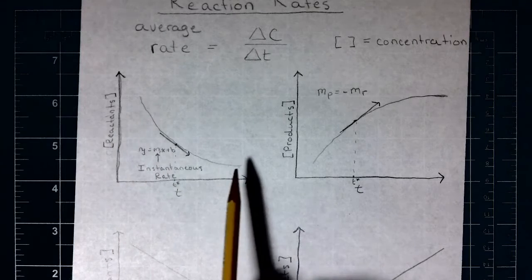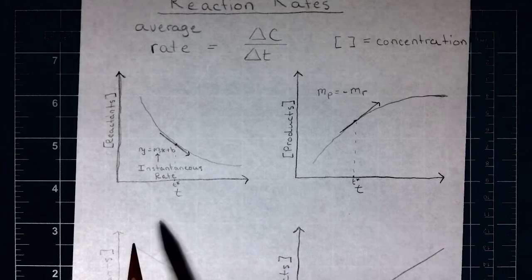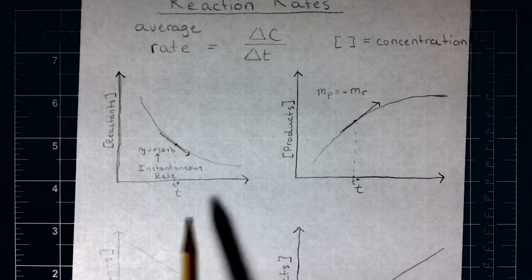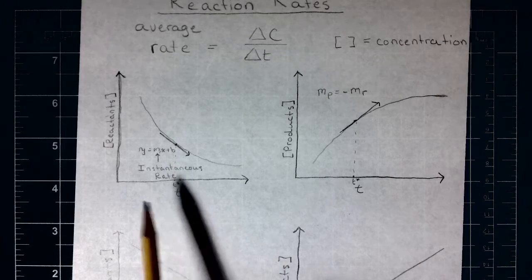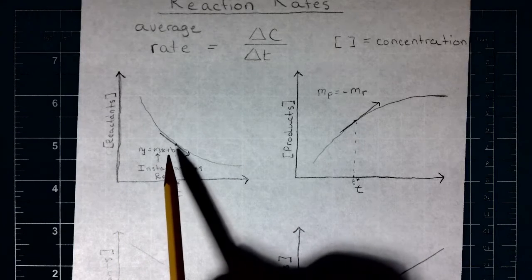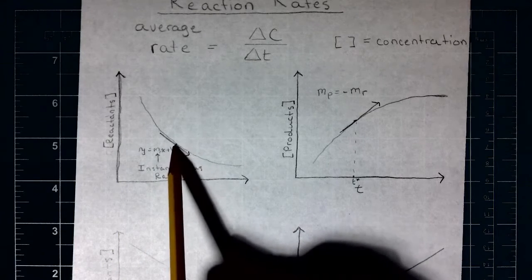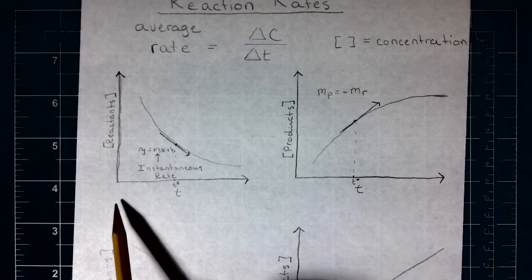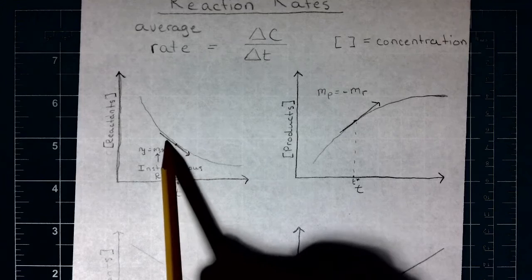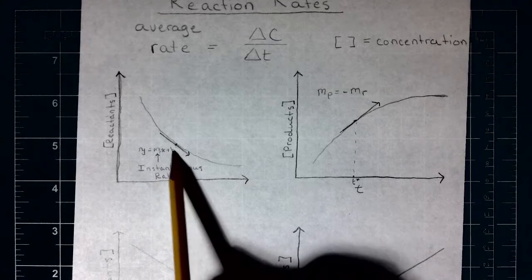What this curve looks like is going to depend on what the reaction kinetics of that specific reaction are, and it could take on a lot of different forms. Okay. The instantaneous rate at any given moment is going to look like the tangent line of the point on that curve.